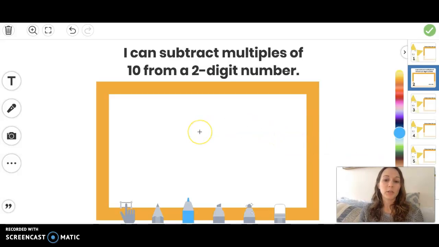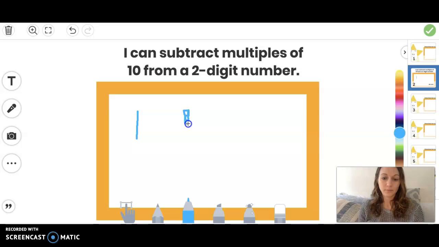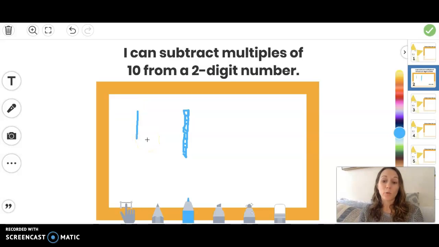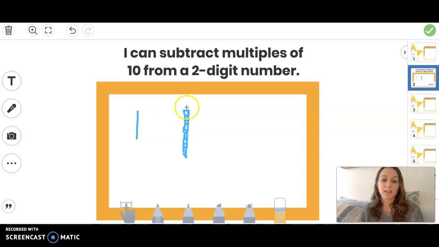So just to quickly review, this is how we draw a 10 using base 10 symbols. It's just one line going down. Remember, we don't make a 10 like this because this takes way too long. We can just look at our base 10 here and know that it has 10 ones in it, so it's the same thing as 10.